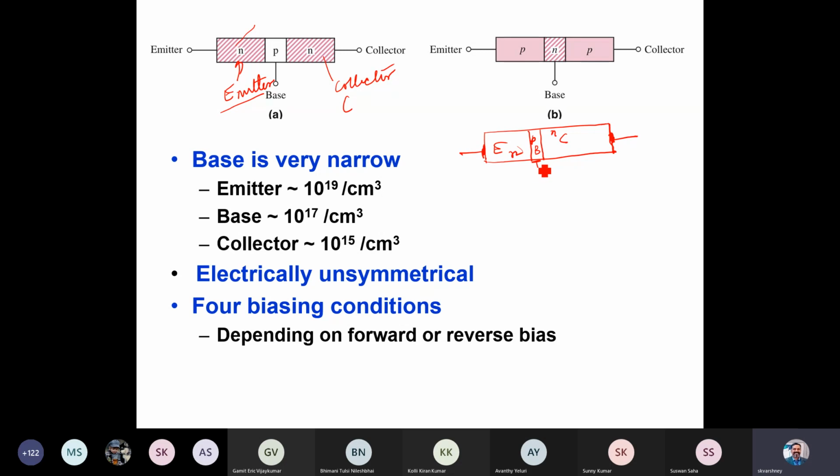So the base is made thin, and it's lightly to moderately doped, and the collector is lightly to moderately doped. The emitter is highly doped, the base is moderate to lightly doped, and the collector is lightly doped.